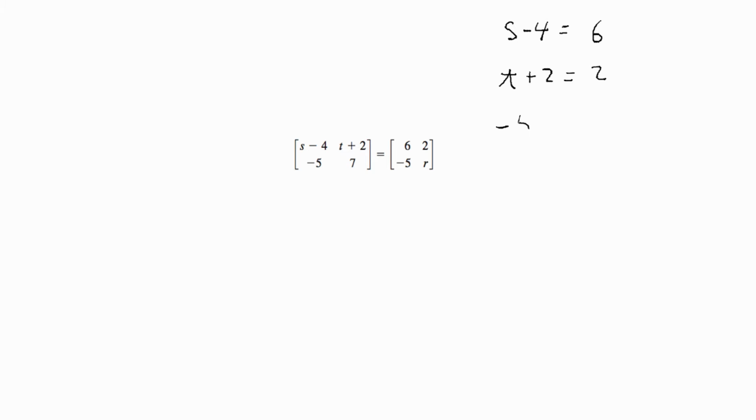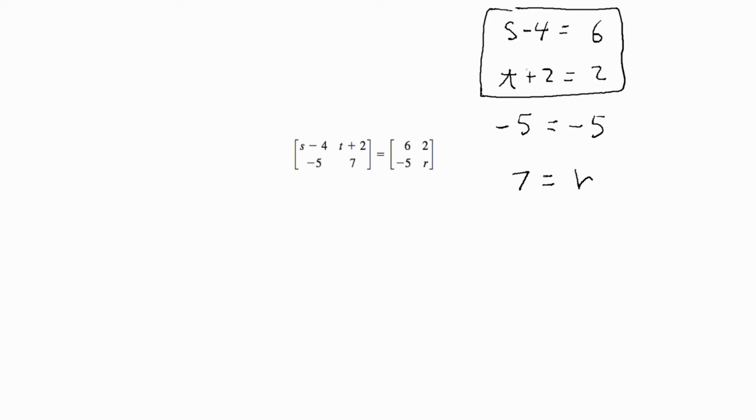We need minus 5 being equal to minus 5, so that one's definitely true. And we have to have 7 equal to R. So if I'm trying to find S and T that make these two matrices the same, the only two equations that I have to solve are these two.